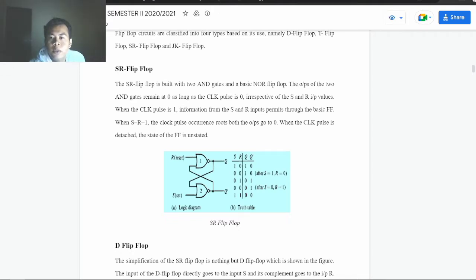The output of the 2 AND gates remains at 0 as long as the clock pulse is 0, irrespective of the S and R input values. When the clock pulse is 1, information from the S and R inputs passes to the basic flip-flop. When S equals R equals 1, the clock pulse occurrence causes both the outputs to go to 0. When the clock pulse is detached, the state of the flip-flop is unstated.